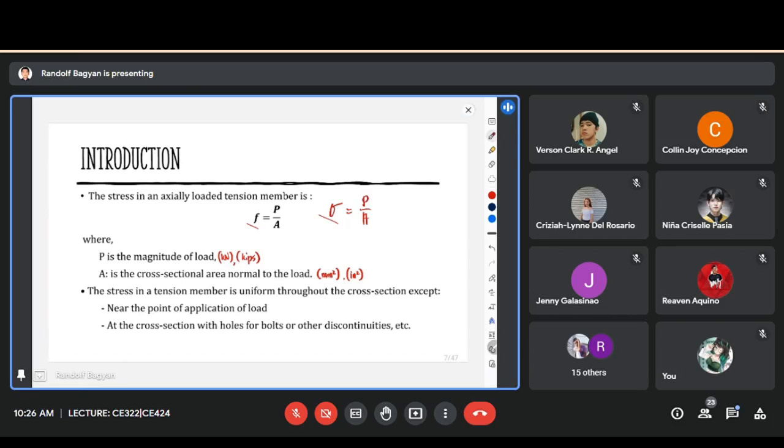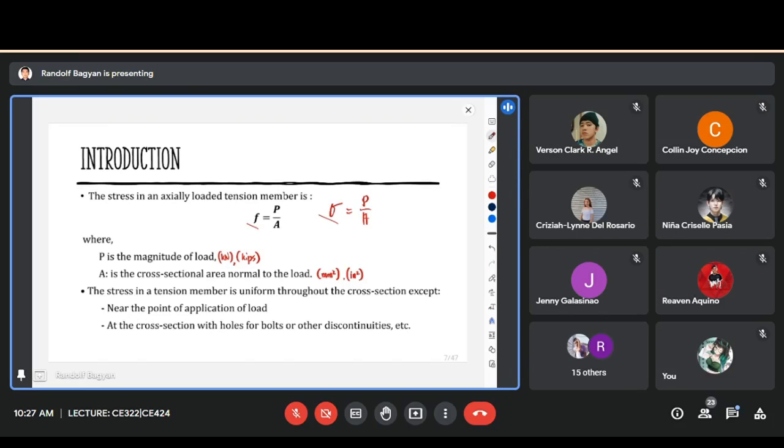And the stress in a tension member is uniform throughout the cross section. Okay, but there are exceptions. Number one, near the point of application of load, hindi na uniform yung ating stress distribution.